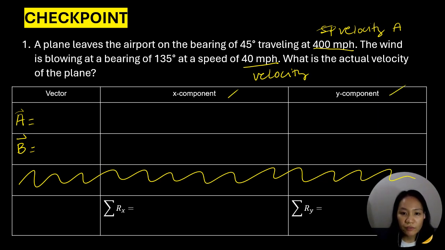Get the sum of all x and sum of all y components. And lastly, follow the Pythagorean theorem and the arctan or tangent theta formula to determine the direction. Once you're done, take a picture of your work and send the picture in the assignment bin that I will post in our MSD.